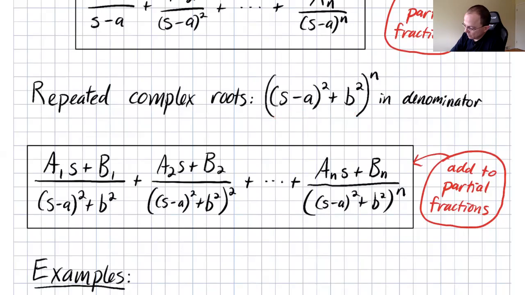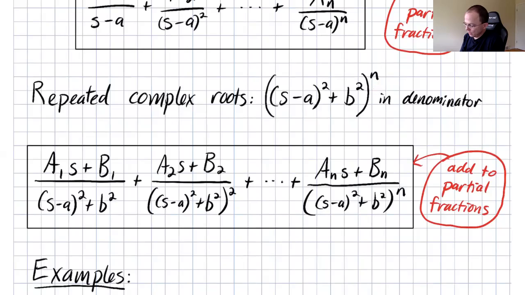So this corresponds to having the roots a plus or minus bi. So that's what the repeated complex roots are. So if we have repeated complex roots in our characteristic polynomial, that means that we'll have a term like this in the denominator, and it's repeated n times.